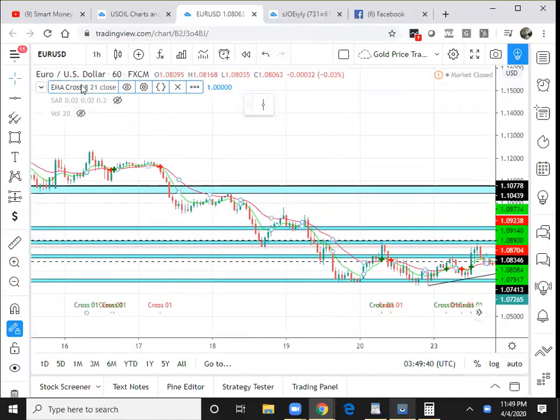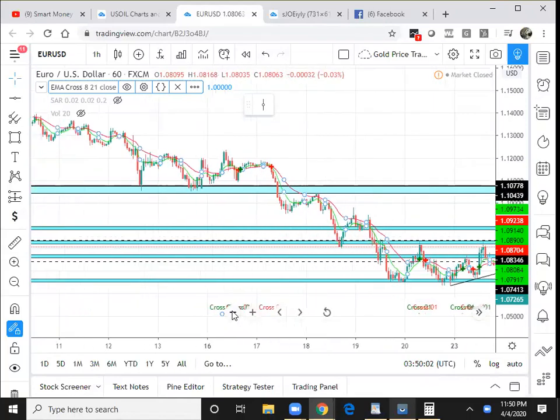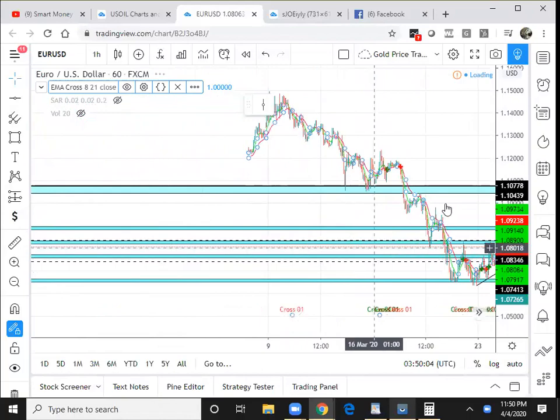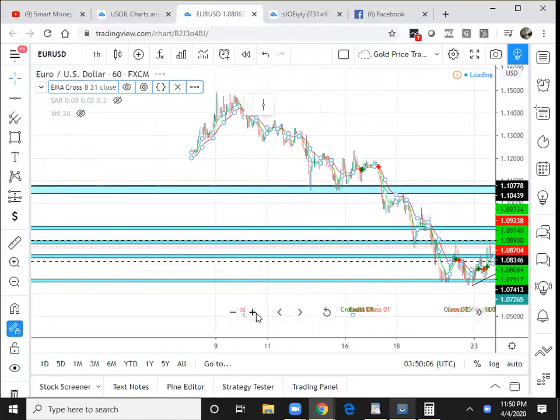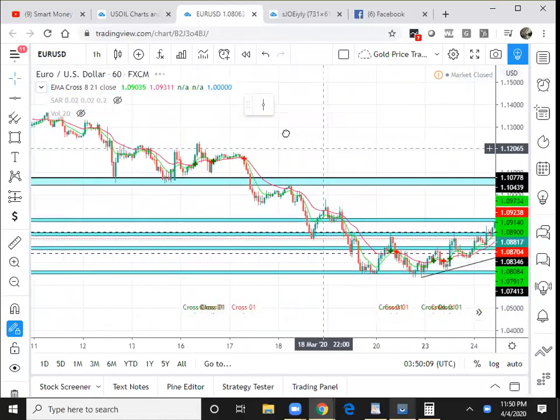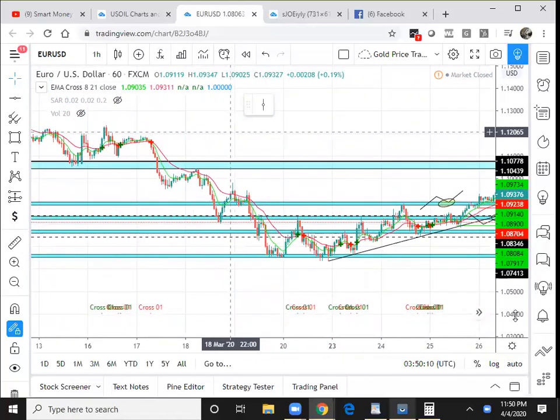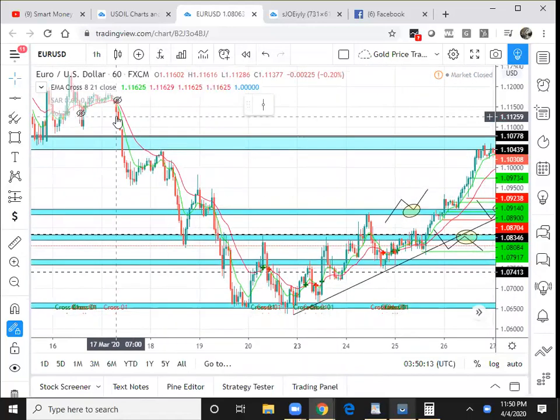Right? And you can look at the settings for EMA cross. It's default settings. I don't know why it's not pulling up. So using a short term EMA at 8 and a longer term at 21. Oh, it just came up there.